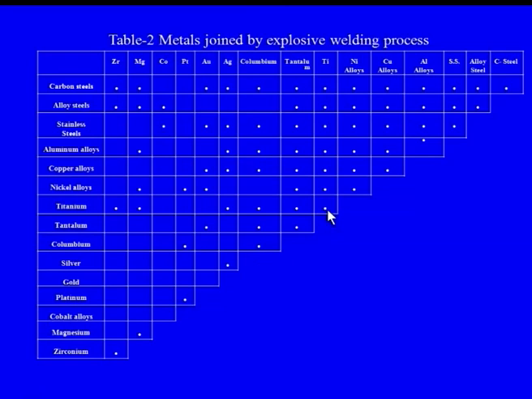But in some cases, say for example, nickel alloys may not form a very good explosion welding joint with materials like cobalt or columbium. So, therefore, a few restrictions are there. Apart from these restrictions, most of the metals or alloys can be welded to each other using this explosive welding process.